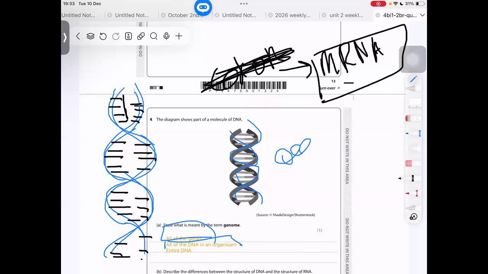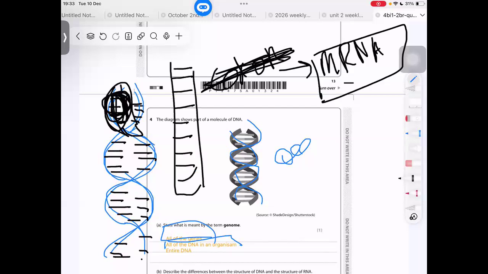You don't call it a codon when it is in the DNA. So basically these triplets, they are a gene. These triplets get together, and that is a particular gene.